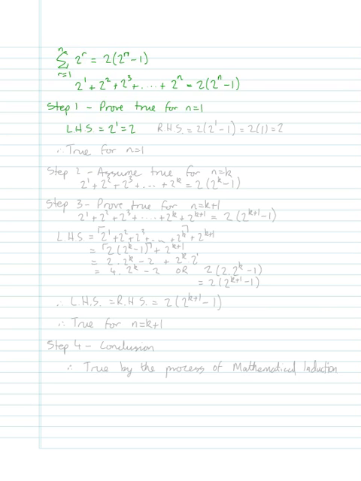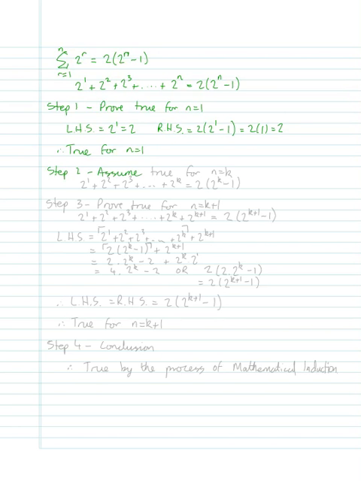The right hand side is equal to 2 outside of 2 to the 1 minus 1, and that is 2 in the brackets, take away 1, which means it's 2 times 1, which is 2. And so therefore it's true for n equals 1.